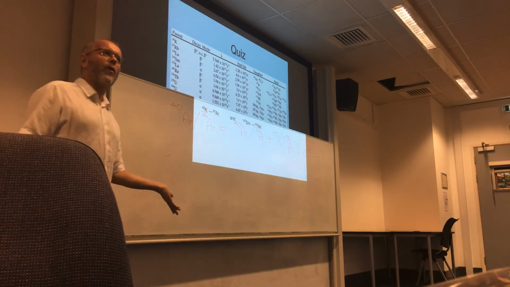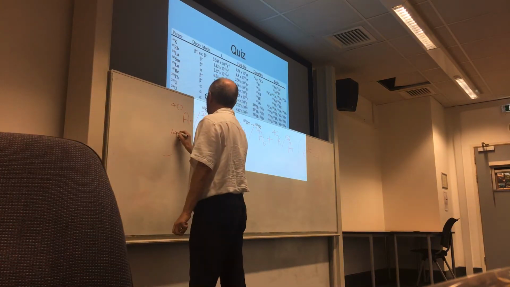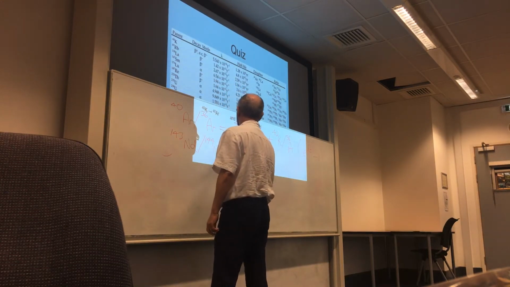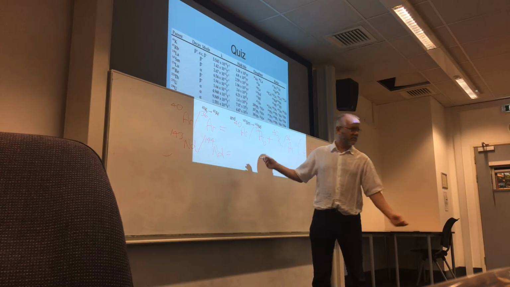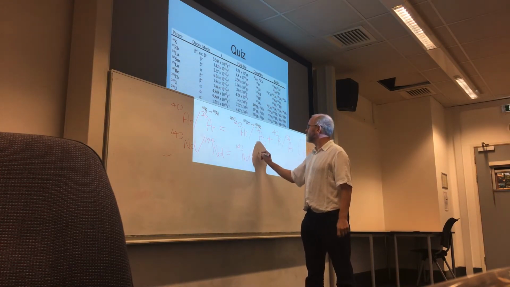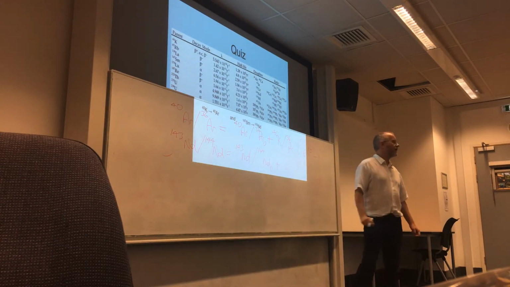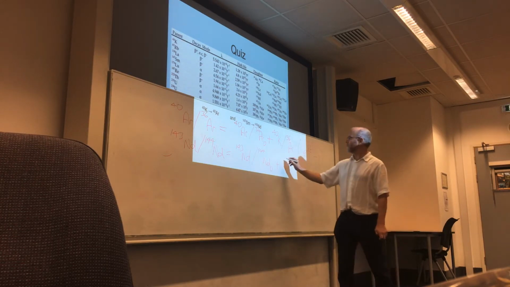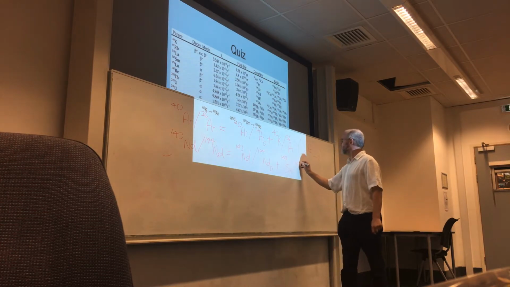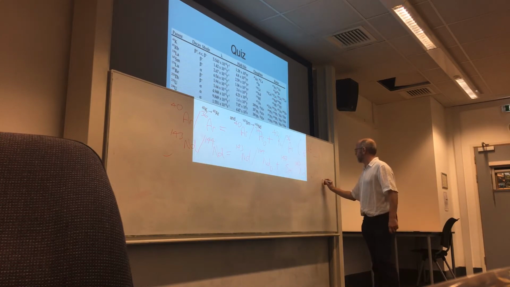Okay, so we've done it once. 143 neodymium that we measure today is equal to the same again with a zero, the initial ratio, plus 147 samarium divided by 144 neodymium times e to the lambda t minus 1.